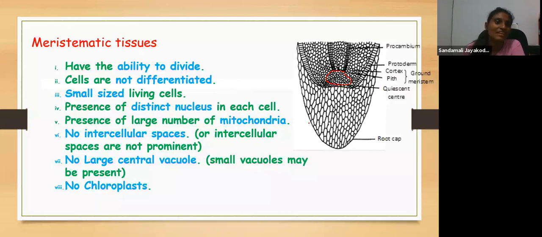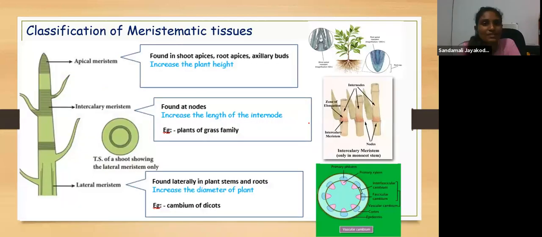Then I'm going to discuss with you the classification of meristematic tissues. There are three types of meristematic tissues. As I told you at the beginning of the categorization of plant tissues, they are apical meristem, intercalary meristem, and lateral meristem.